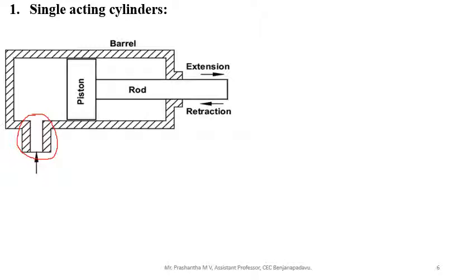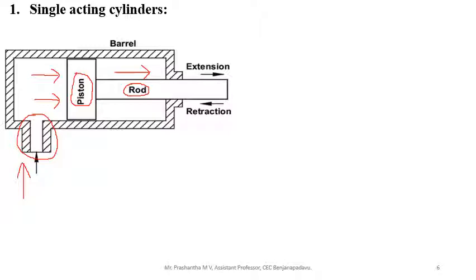Look at the construction. This is the outer body, and inside there is a piston, and the piston is connected to a piston rod. When the fluid comes through this port and acts on the piston surface, the piston travels outward.